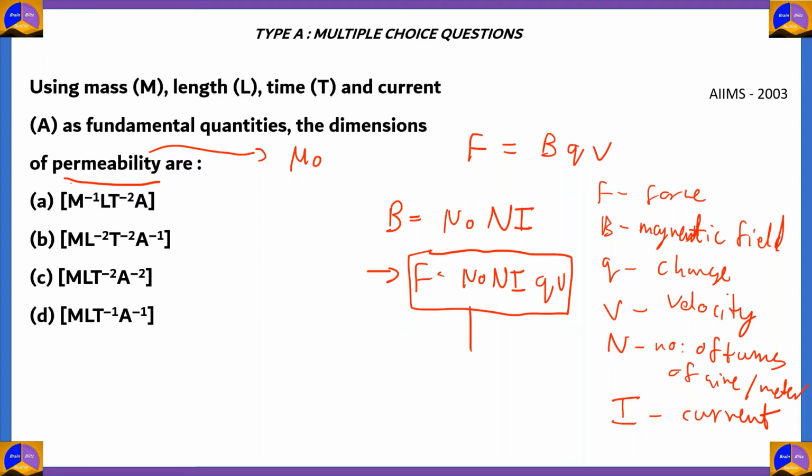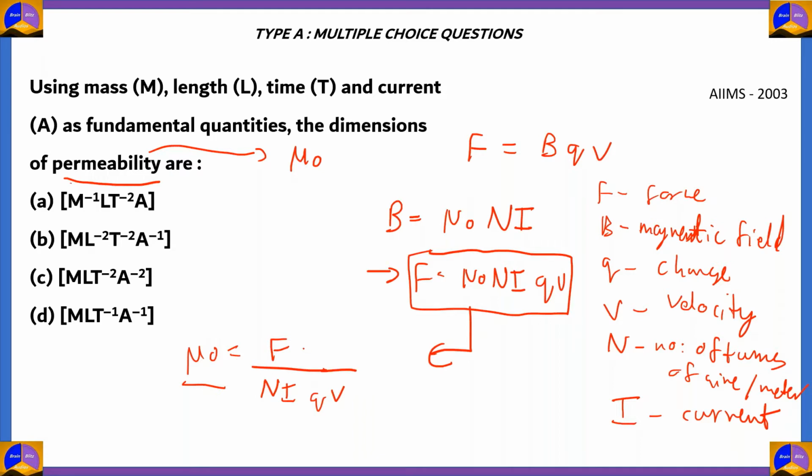Now we need to change this in terms of mu naught. So let's take mu naught on the left-hand side. So force, and then all the other quantities will be at the denominator. So it will be F by NIQV. So this is how we use this formula. So we found the formula in terms of mu naught, that is permeability.